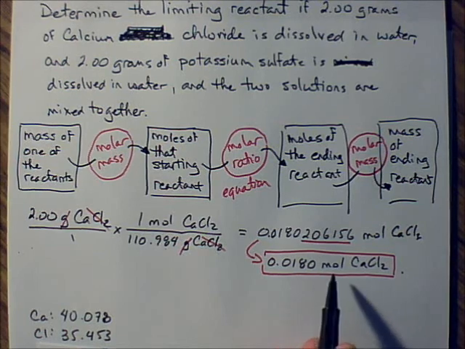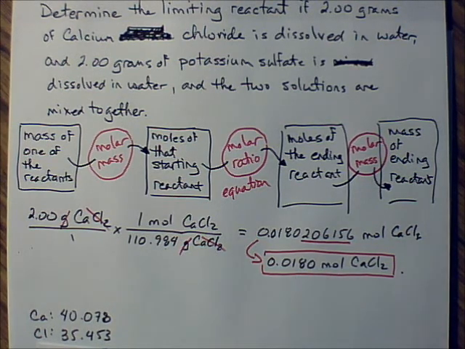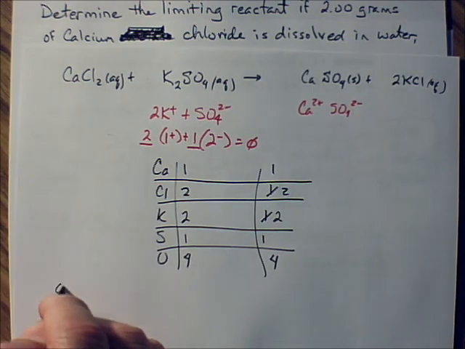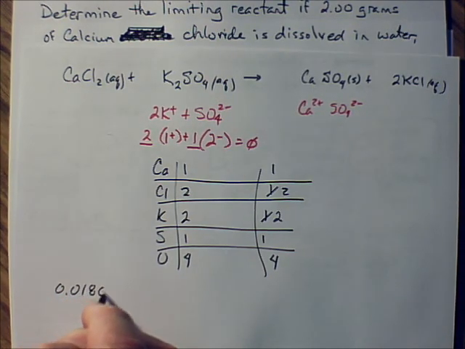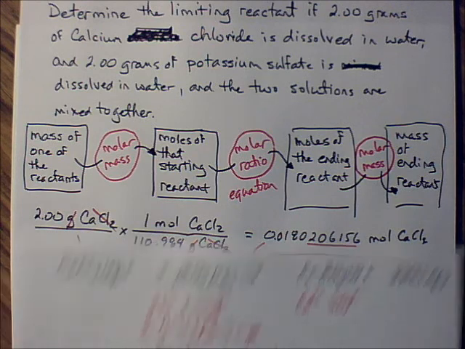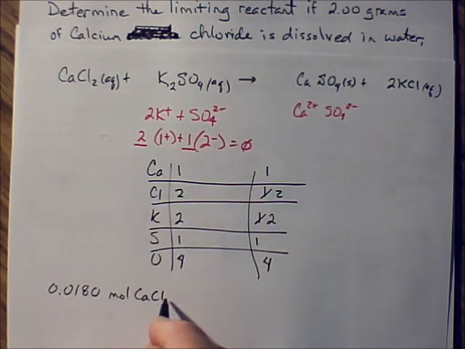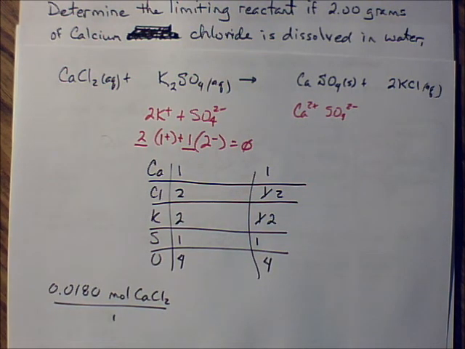Our starting amount is this answer we got in the last problem, 0.0180, I'm sorry, moles of calcium chloride. And that goes over 1. And then from this balanced equation, I'm going to write a molar ratio.